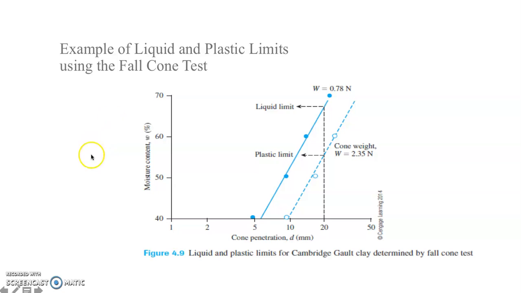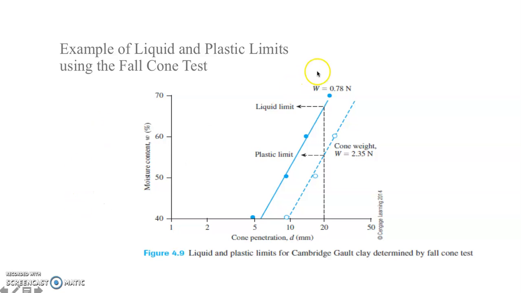However, if you haven't obtained a depth of penetration of 20, you're going to have the same procedure as we have in our liquid limit, a series of trials. Then after a series of trials, for example 4 trials, you're going to plot the moisture content against the depth of penetration of the cone.